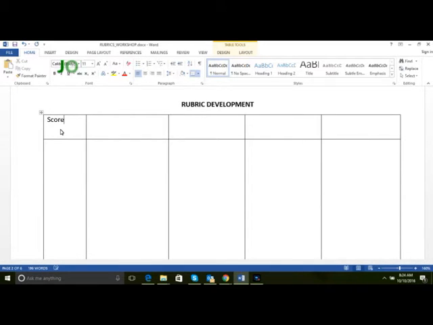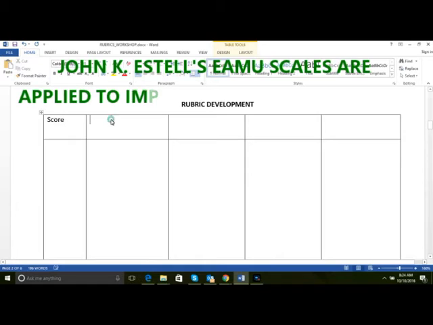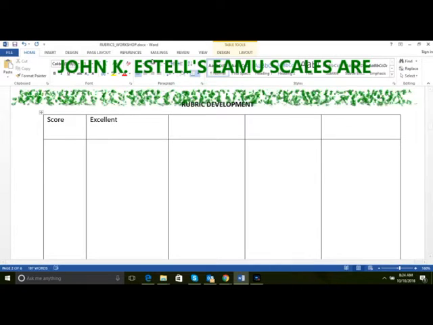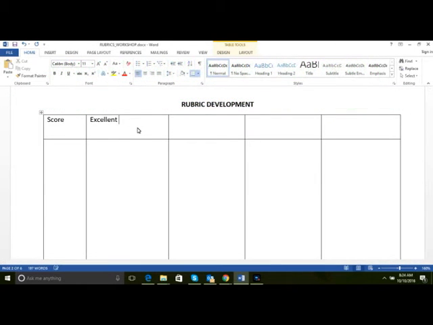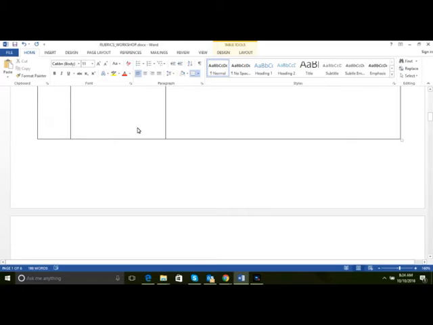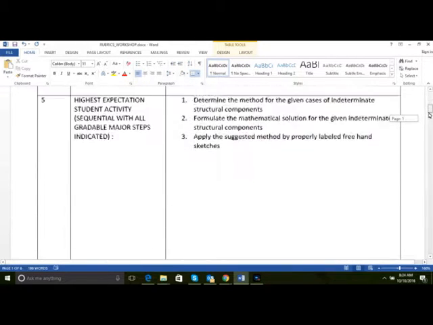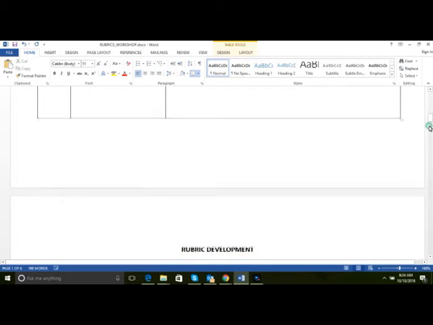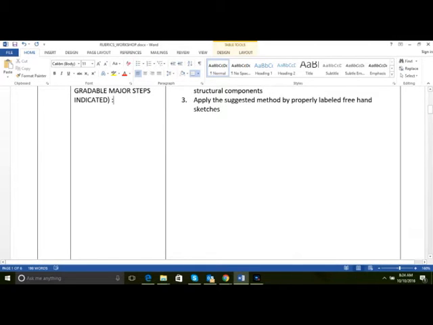John Estell's EAMU scales are implemented into the hybrid rubric. Excellent, adequate, minimal, and unsatisfactory. Now let us set up the scales of this rubric as per John Estell's EAMU categories.